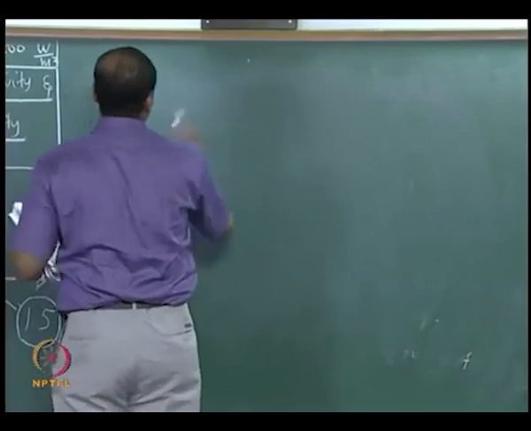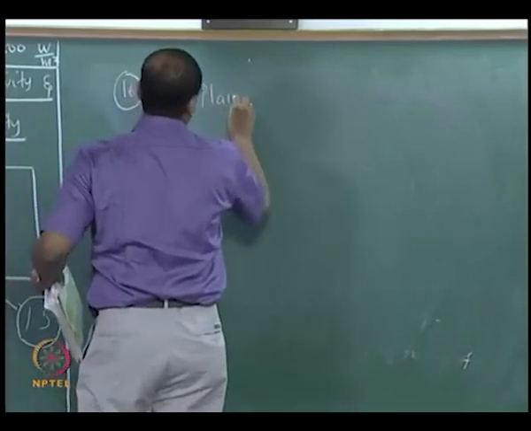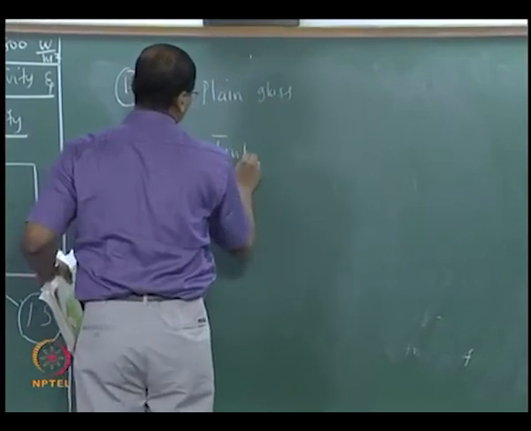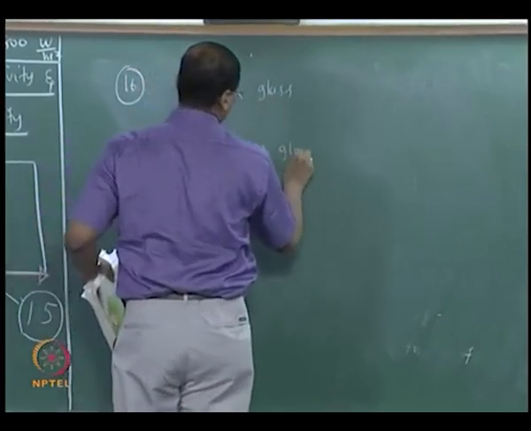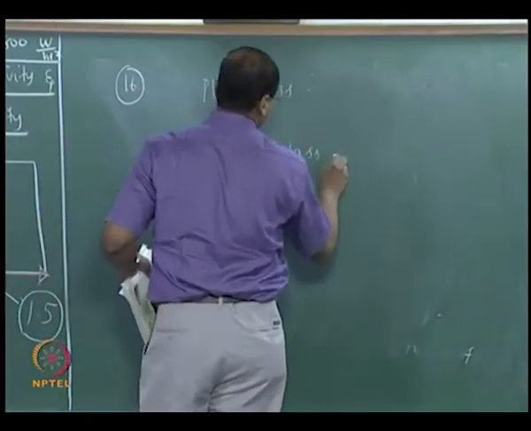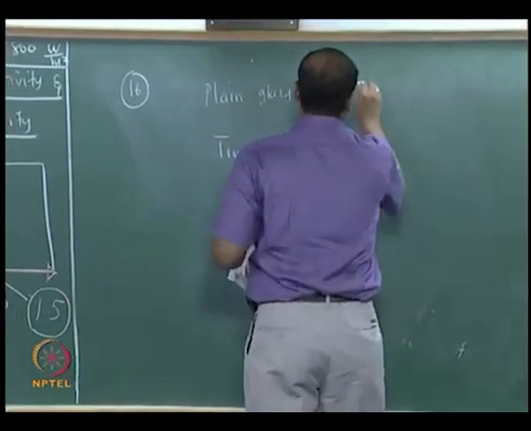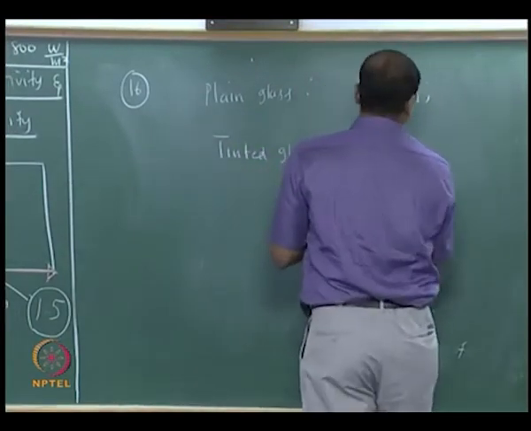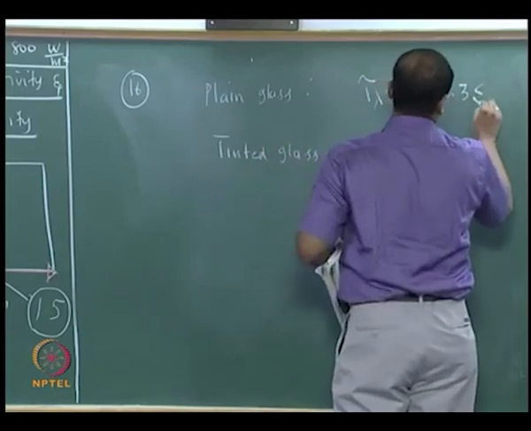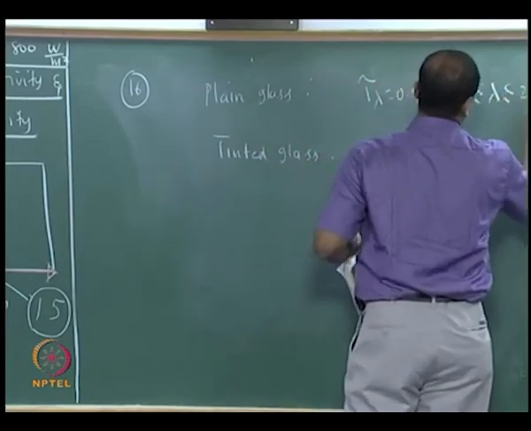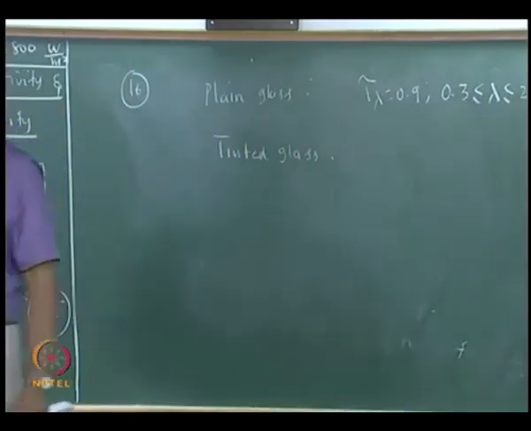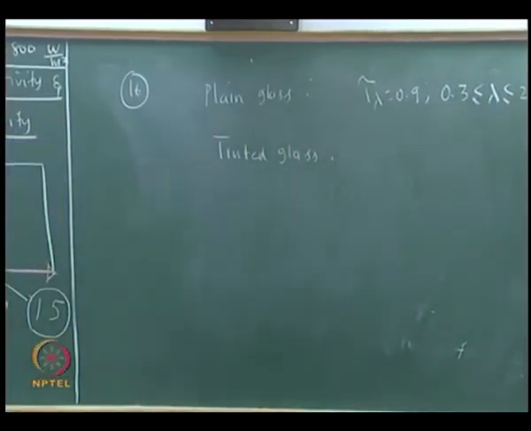Plain glass has a transmissivity of 0.9 in the band 0.3 to 2.5 micrometer.